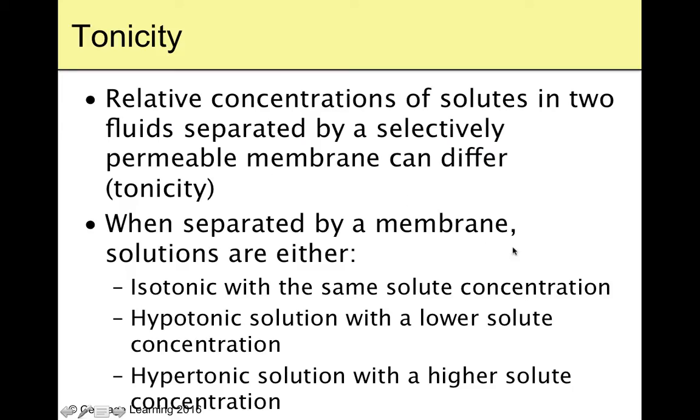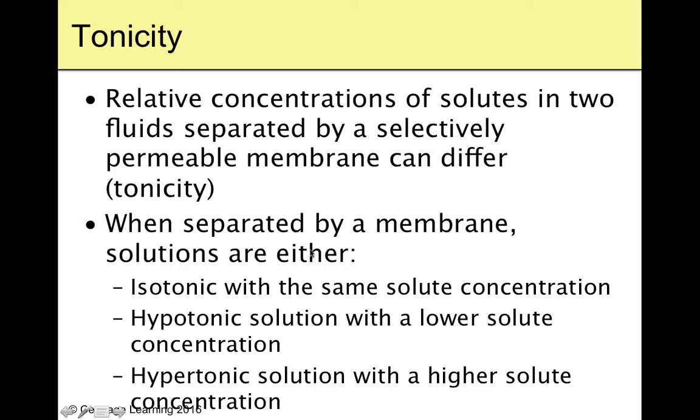So when we look at the concentrations of solutes that are separated by this barrier, there's a few different terms with respect to tonicity that you have to learn, and they're super easy. You've done it in Gen Bio. It's isotonic, hypotonic, and hypertonic. When you're separated by a membrane, there's going to be a gradient in solute concentration.